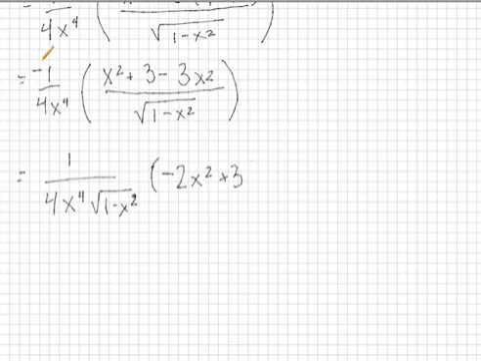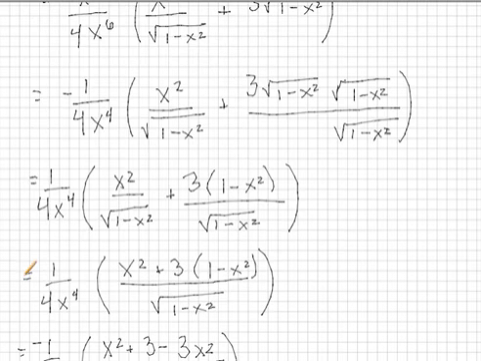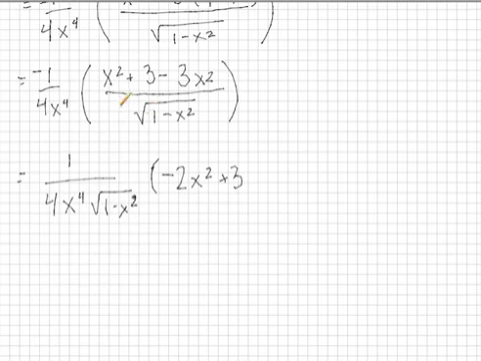Oh, I dropped my negative up here. Very, very common mistake. There we go. That negative is still there. And we can make this a little prettier by canceling out these negatives and switching the order of the numerator. So it looks like what we're left with is 3 minus 2x squared.